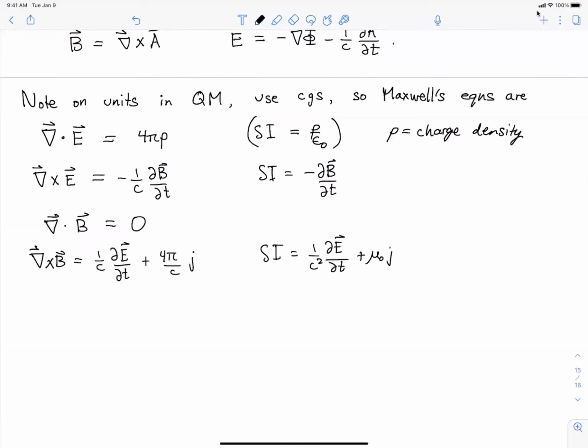Everything is just pi or the speed of light. The speed of light goes in different places. It's absorbed into the definitions of the fields when you go between the different systems of units. So J here is the current density.